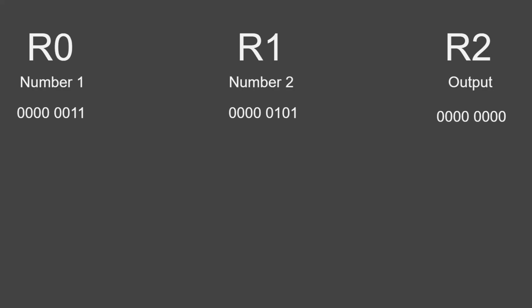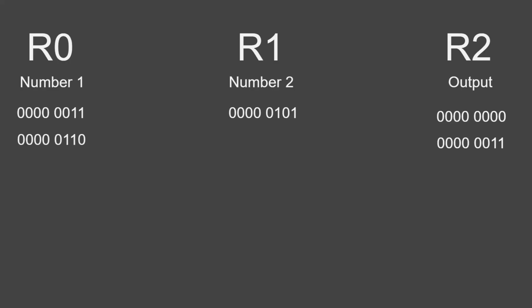Now, remember our second rule. If the digit we're looking at is 1, we're going to add the number. So we're taking the number from R0 and adding it to R2. Just like the first rule, every single digit we move over, we have to add a 0 to the number. So we're going to shift the value in R0 to the left, effectively adding a 0.